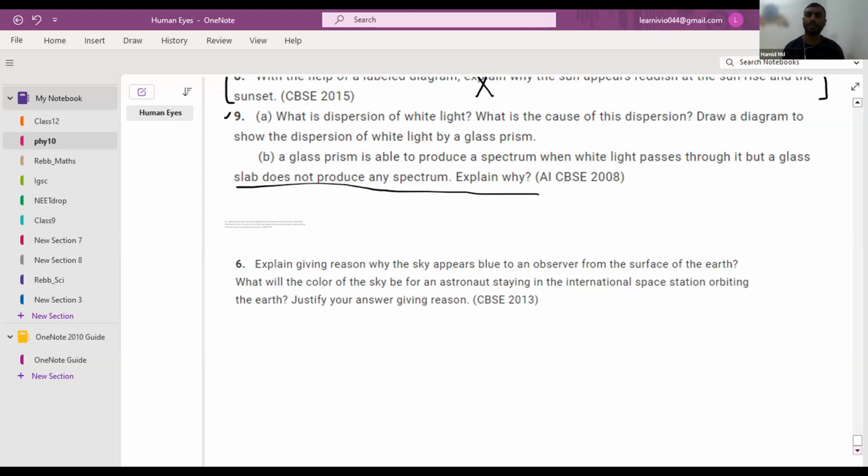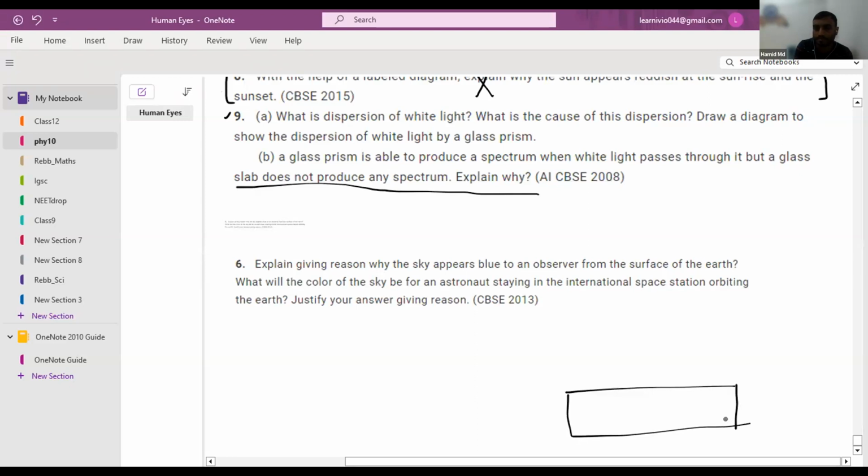But there is also bending now. When light comes from a rarer medium to a denser medium, it bends toward the normal. Bending is over there, right? Bending is also over there. I mean, a glass slab is like a mix of two prisms, right?